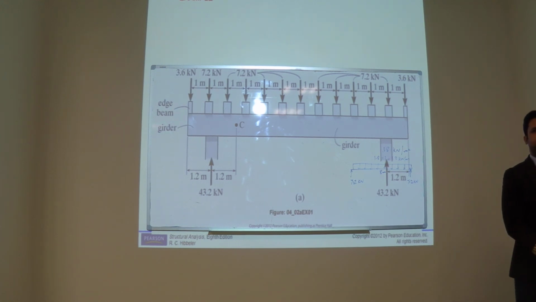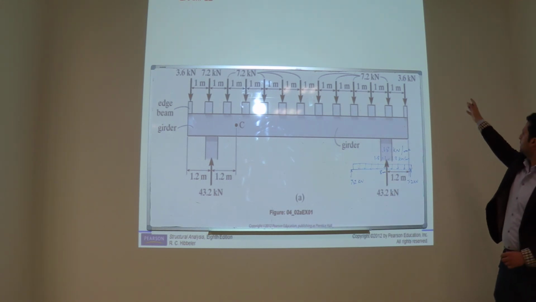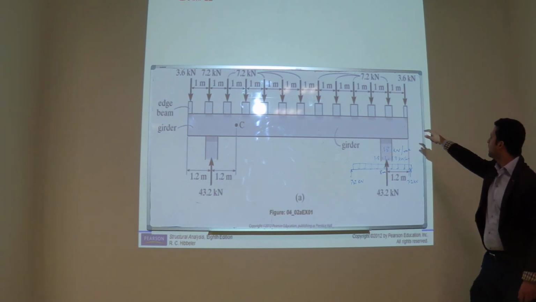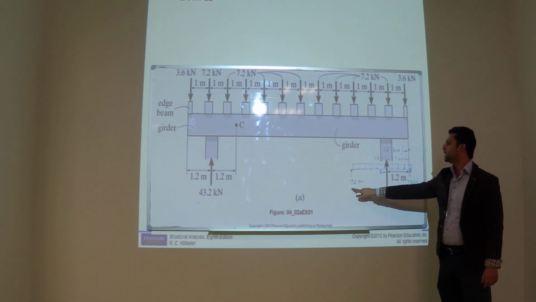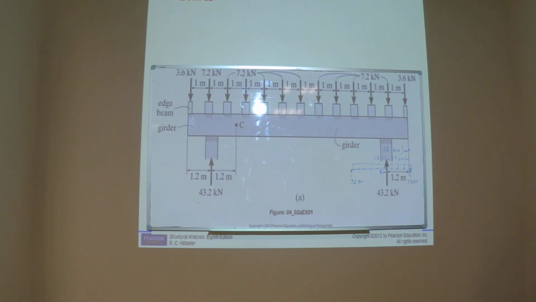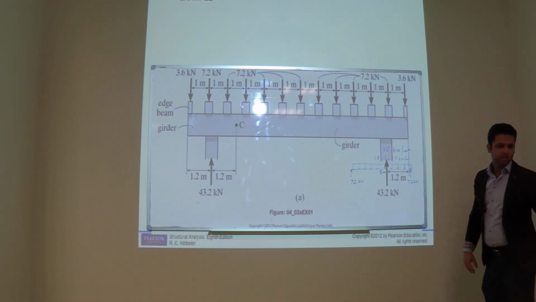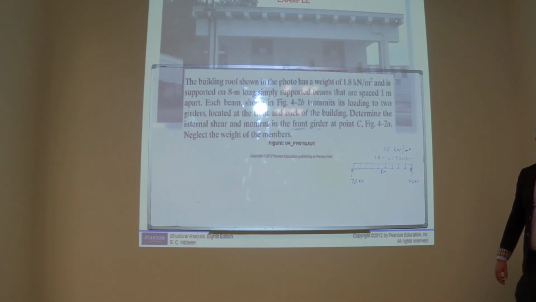Because this is half from the right and half from the exterior, as there is no slab or load on the right. It's only 0.5 multiplied by 1.8, so you will get 3.6 and 3.6. Because the load on this beam is only half of this part.